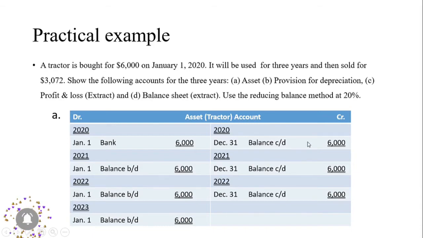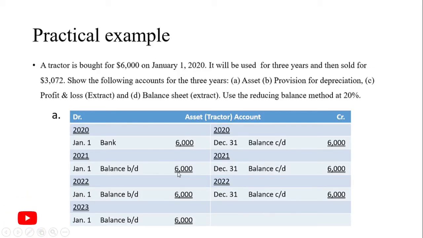So you balance off the account for 2020. You have a balance carried down here, and because it is one item, one line, then we can just double line it. Then we carry down the balance brought down for the beginning of the next year, January 1, 2021.